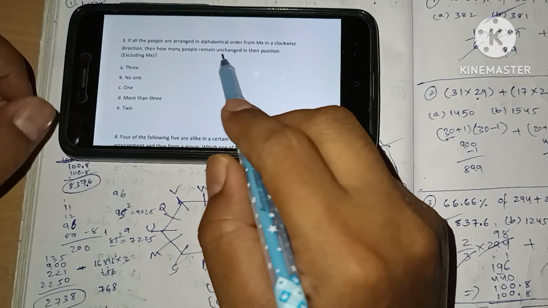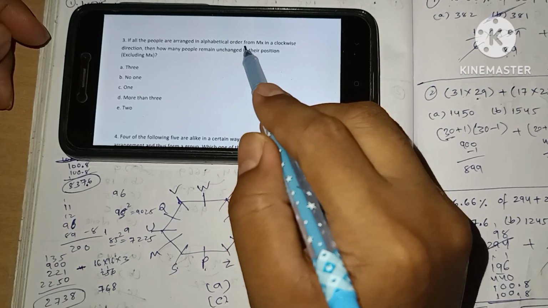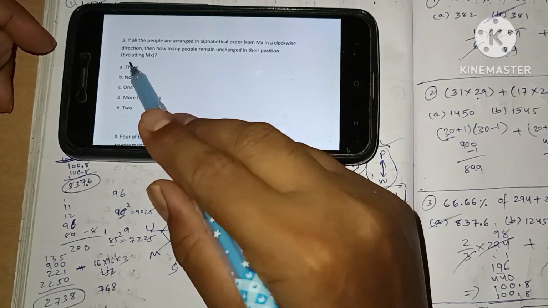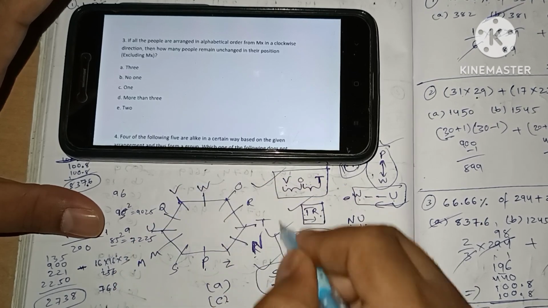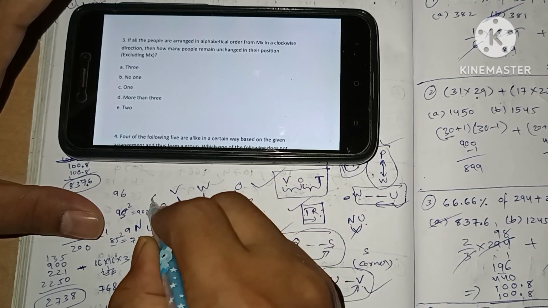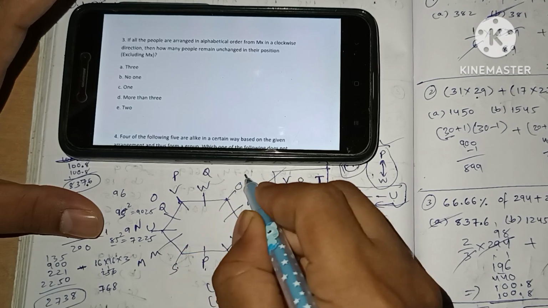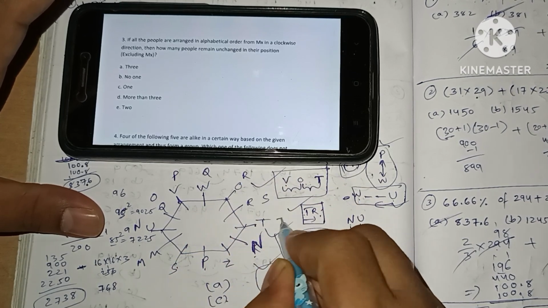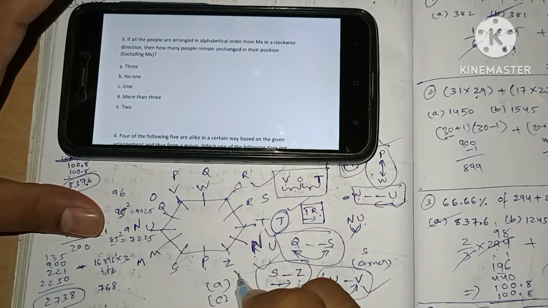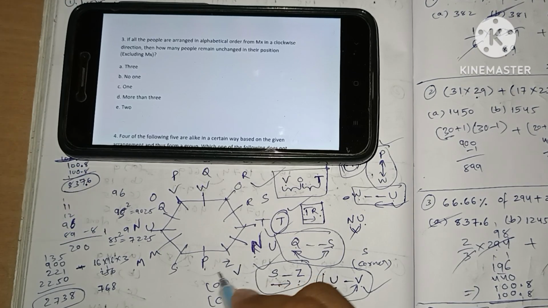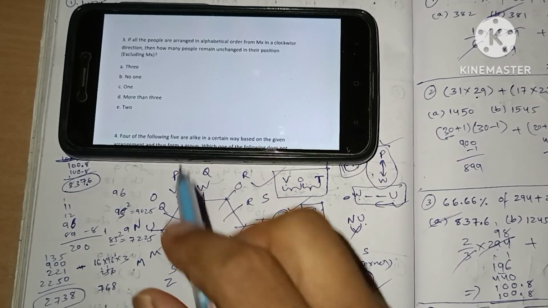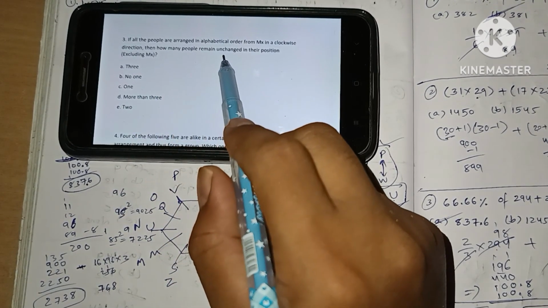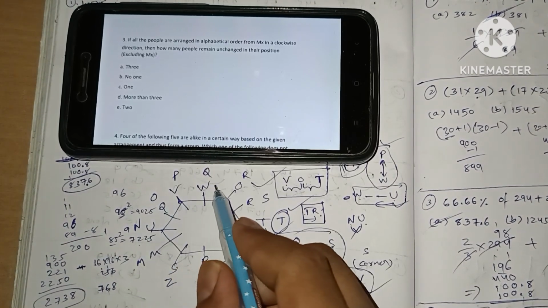If all the people are arranged in alphabetical order from M in clockwise direction. From M in clockwise direction means this direction: M, N, O, P, Q, R, S, T, U, V, W and Z. So excluding M, how many people remain unchanged?